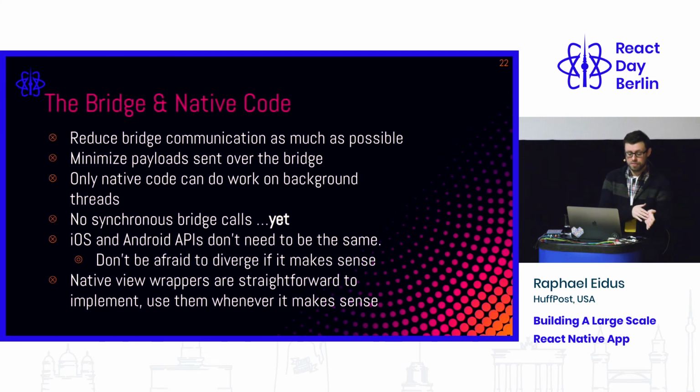So only native code can do work on background threads. JavaScript is all single-threaded. You can do things asynchronously, but ultimately it's still on the same thread.